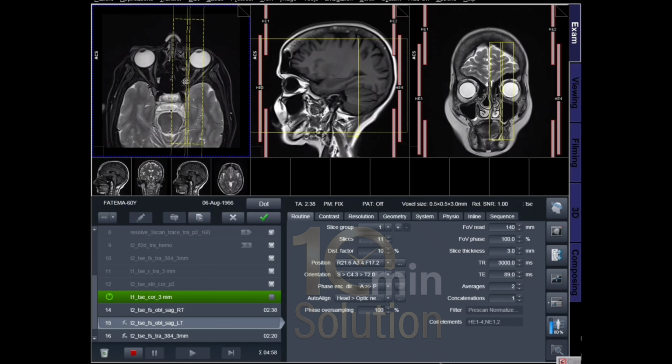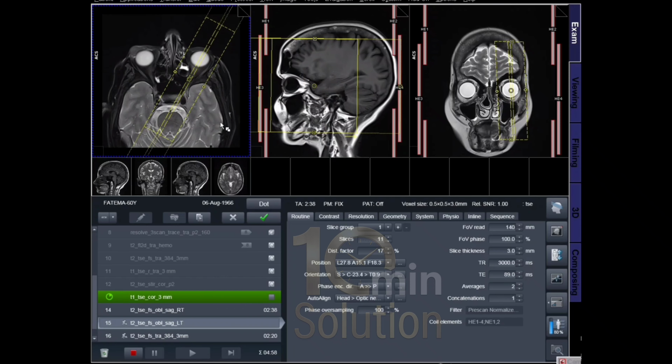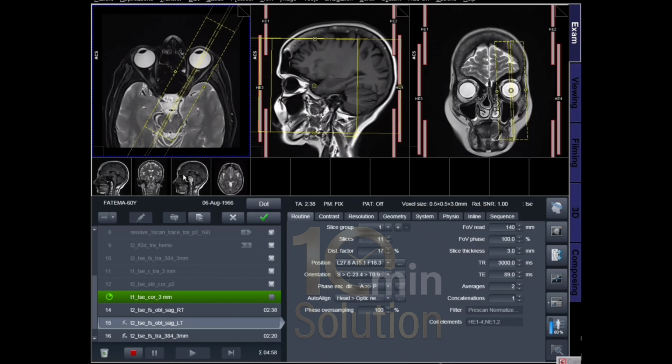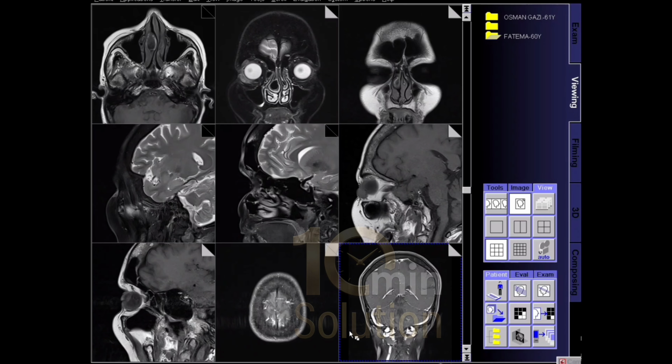Look, okay, our plan almost done, and showing here this image, how beautiful the image is.